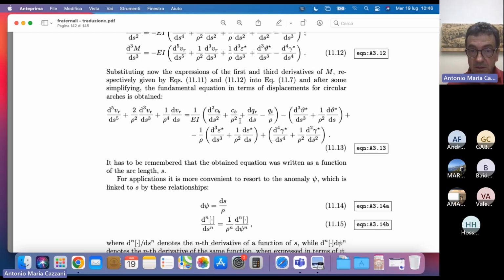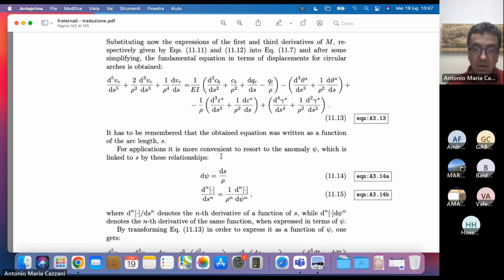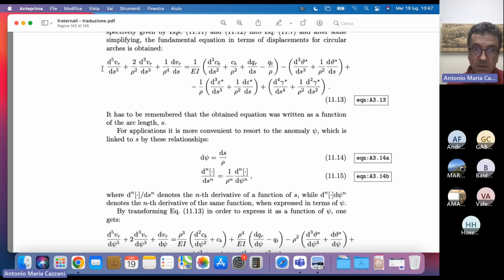The right-hand side contains known quantities, so derivatives of several orders related to the distributed couples, distributed radial loads, distributed tangential loads, and distributed distortions, angular, axial, and shear ones. So, of course, this is in terms of the arc length.